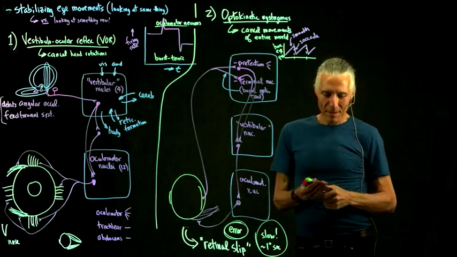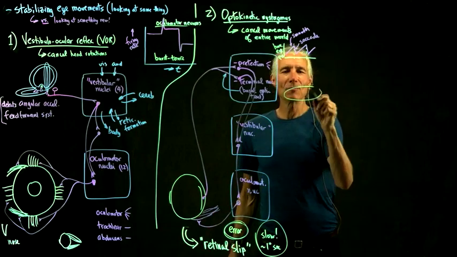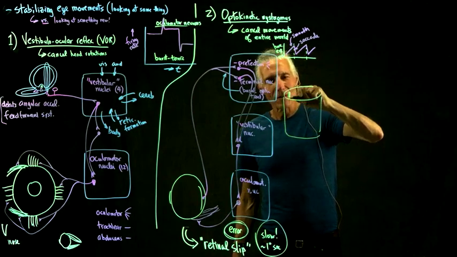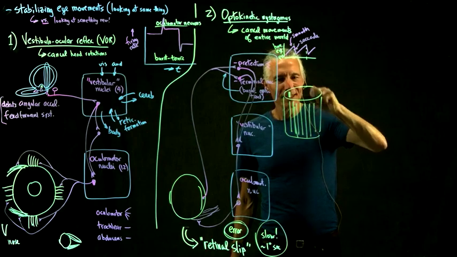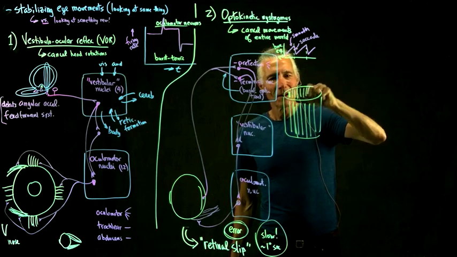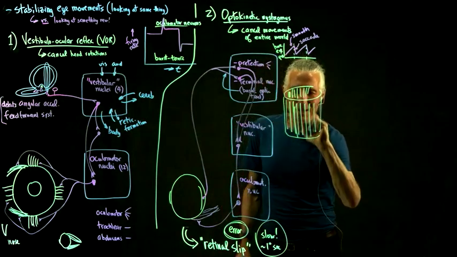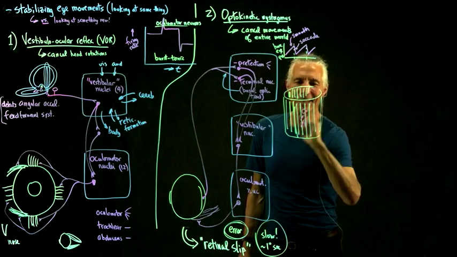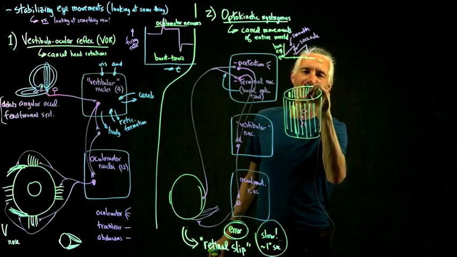And one of the things they used to do at NASA a lot is get a big drum with bright stripes on the walls. So you put these black and white stripes on the walls like this, and then you take a potential astronaut and sit them down in the middle of this drum, maybe on a chair. They're looking out at the drum, and then you start rotating the drum.